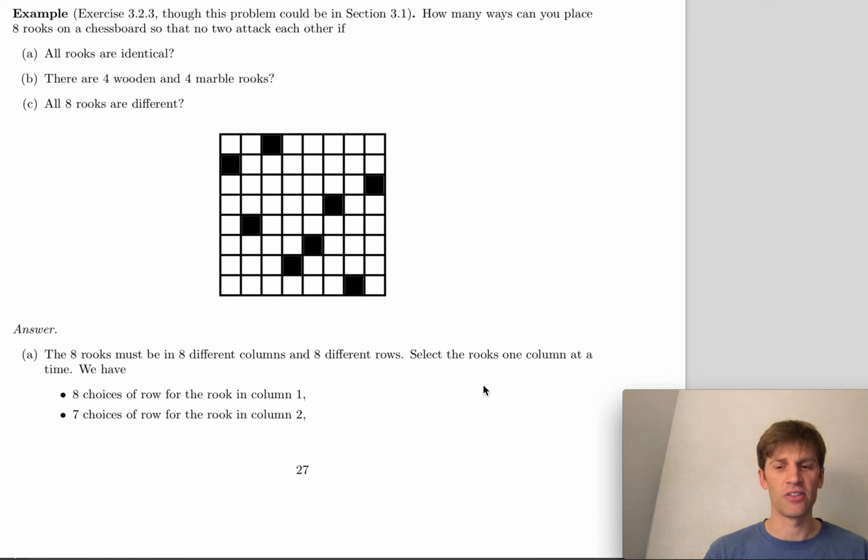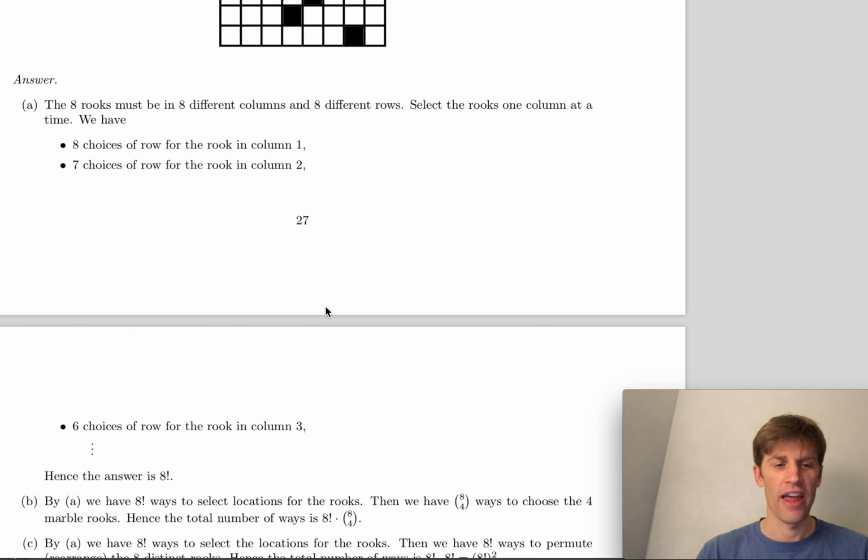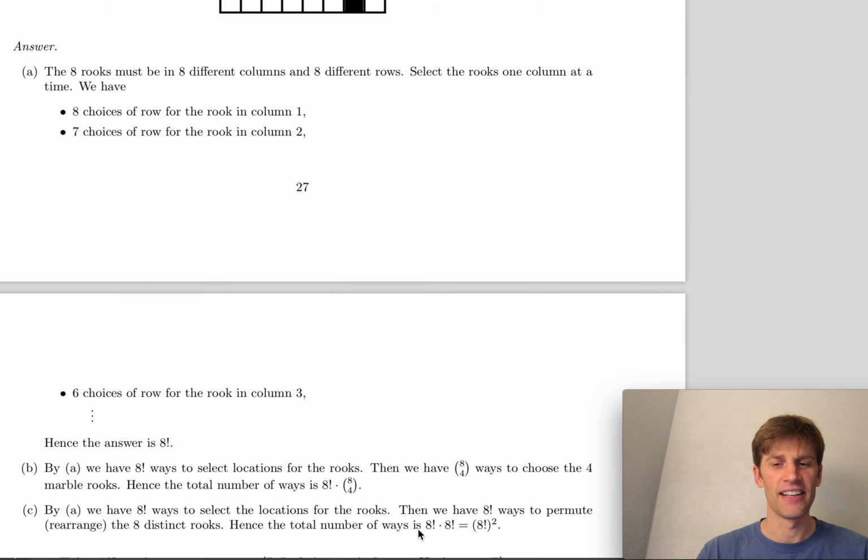There's actually 8 factorial ways to do that as well, because we have 8 choices for which rook will be wood, and then 7 choices of which of the remaining rooks will be marble, and then 6 choices of which of the remaining rooks will be plastic, and then 5 choices of which of the remaining rooks will be gold. So in total, we have 8 factorial choices of locations times 8 factorial different assignments of material, and the final answer to part C is 8 factorial times 8 factorial.